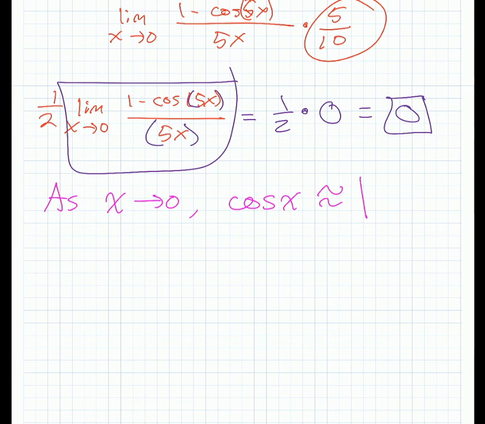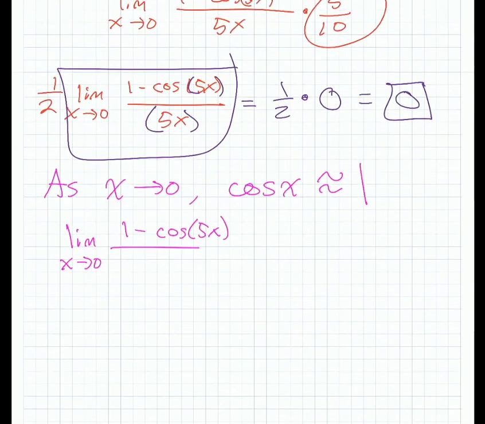So if you had to evaluate the same limit here, let's do the same one. Limit as x goes to 0 of 1 minus cosine 5x over 10x, right? Now, the limits are equal here. The functions are not equal, right? So if I didn't write the limit, then this would not be a valid equality.